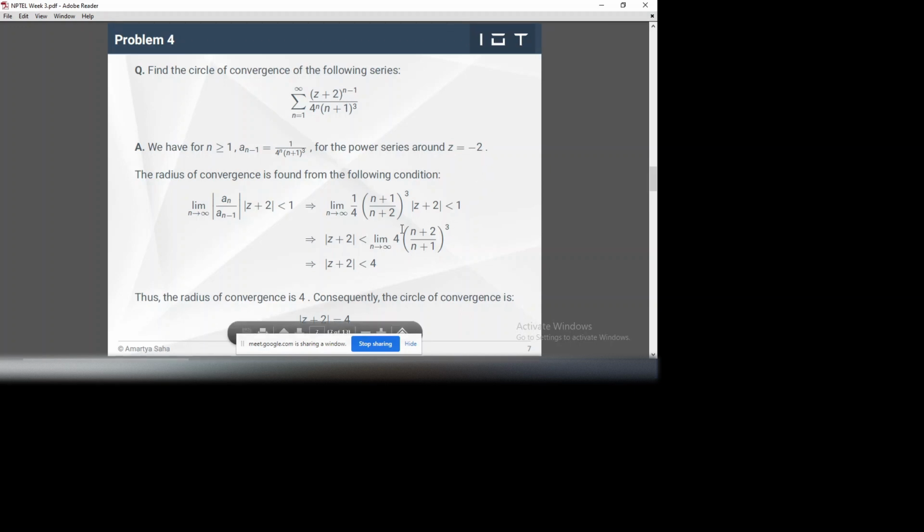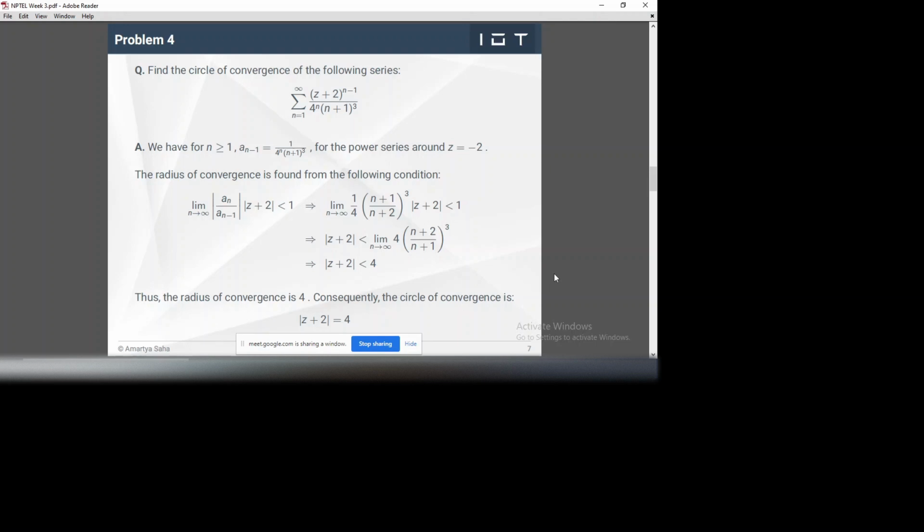As we say, the function is analytic inside this region, mod z plus 2 less than 4. So the circle of convergence is given by mod z plus 2 equal to 4. Inside this circle, the function is analytic. That is why we can expand into the Taylor series with no negative power.